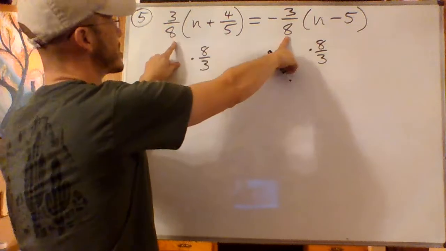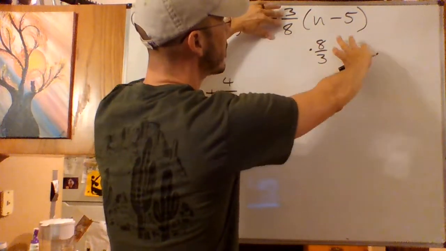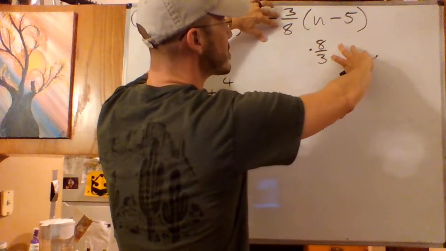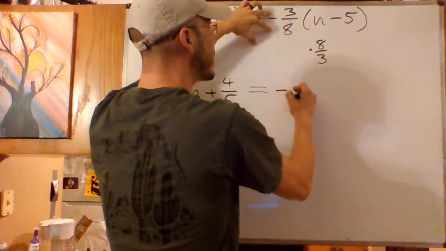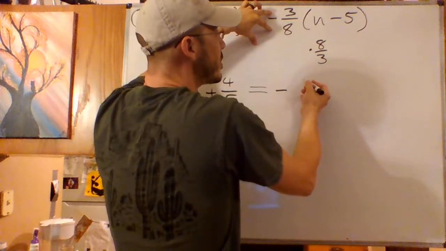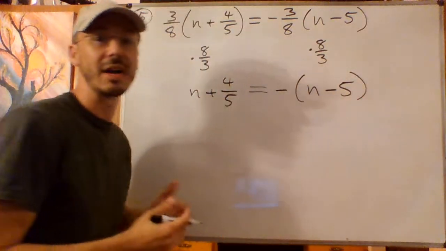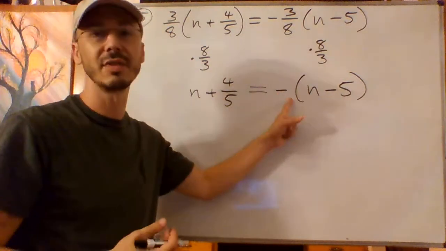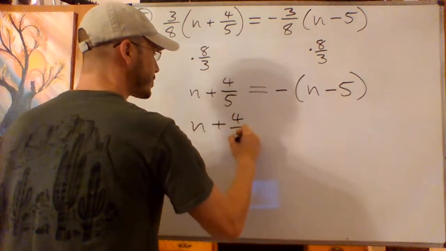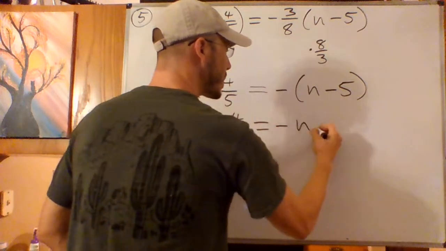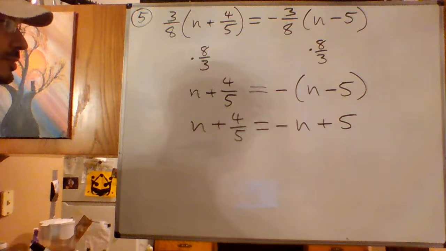And I'm doing this because it's the same number on both sides and I can get rid of it quickly, because over here, multiplying by negative 3/8 times 8/3 is going to give me negative 1. I'm just going to say negative n minus 5, but the coefficient of negative 1. And that means when I distribute that negative, the right-hand side is negative n plus 5.